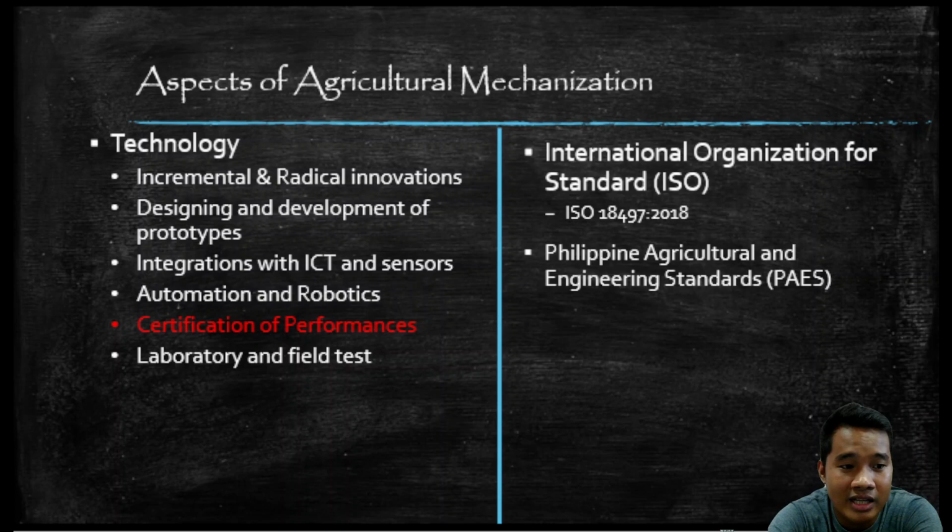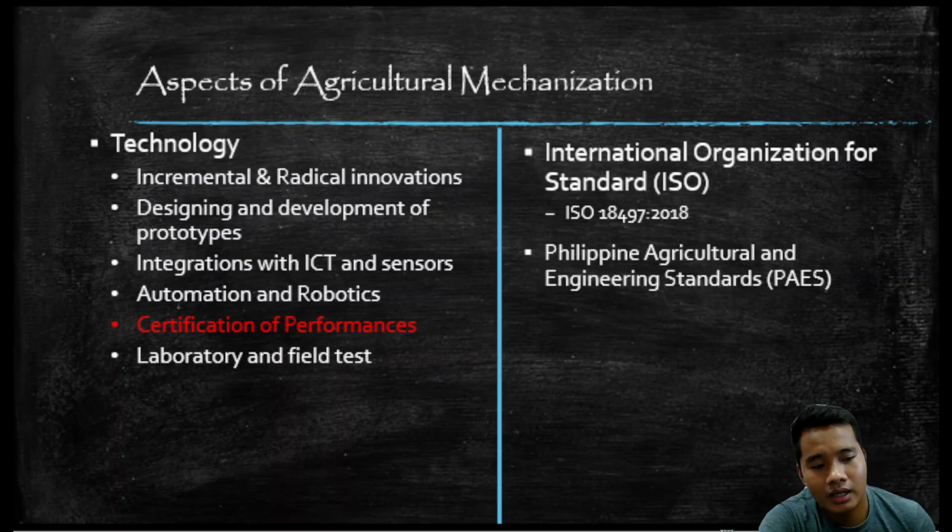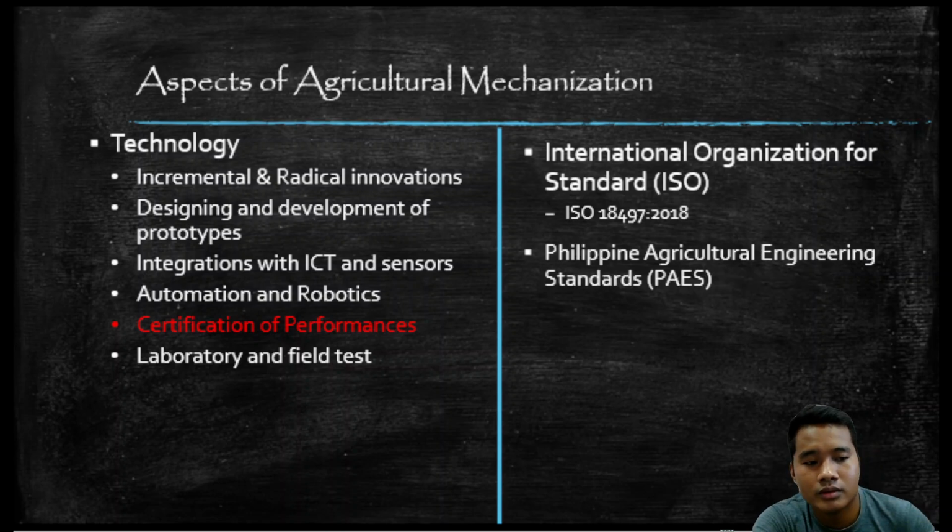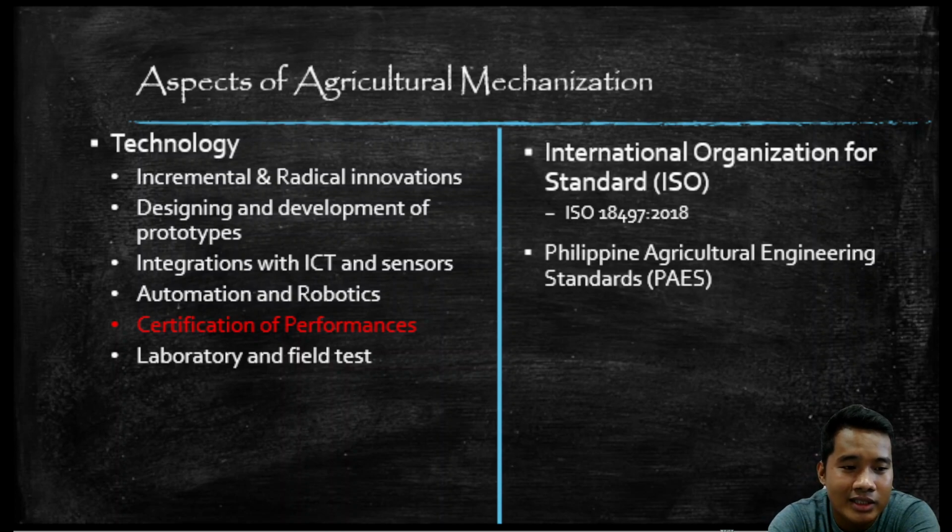This is called the Philippine Agricultural Engineering Standard, or the Philippine Agricultural and Biosystems Engineering. Ayan, so inedit ko lang, no. It is the Philippine Agricultural Engineering Standard, or PAES. Okay?